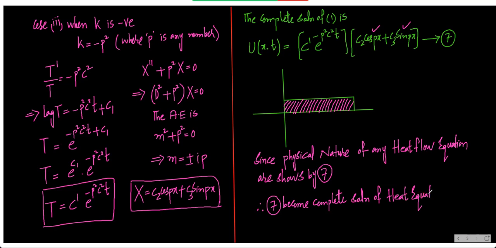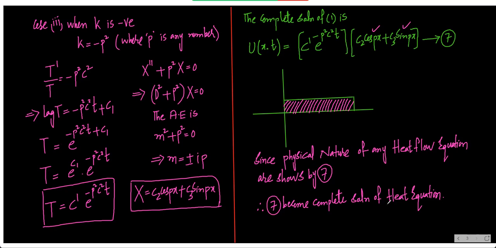There is one more small concept left in this unit number 2, that is classification of PDE. Which type of equation is this: hyperbolic, elliptical or parabolic? For that, I think a small class is needed, and nothing else is left in your syllabus.